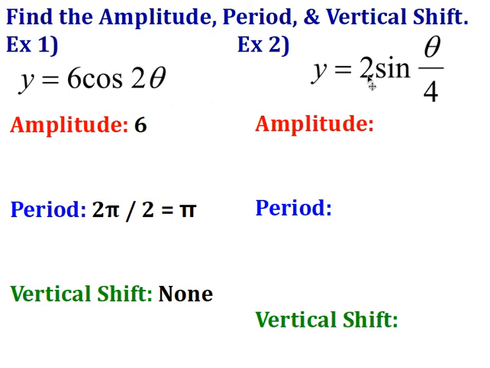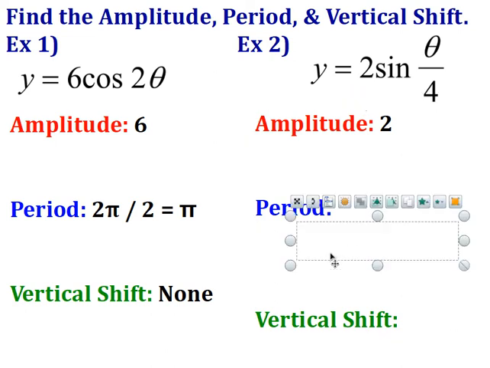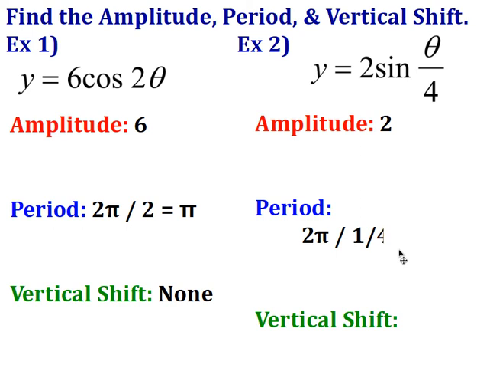Example 2, amplitude is out in front, 2. Period, same concept. I'm going to take 2 pi and divide by that 1/4, because it would be 1/4 theta.